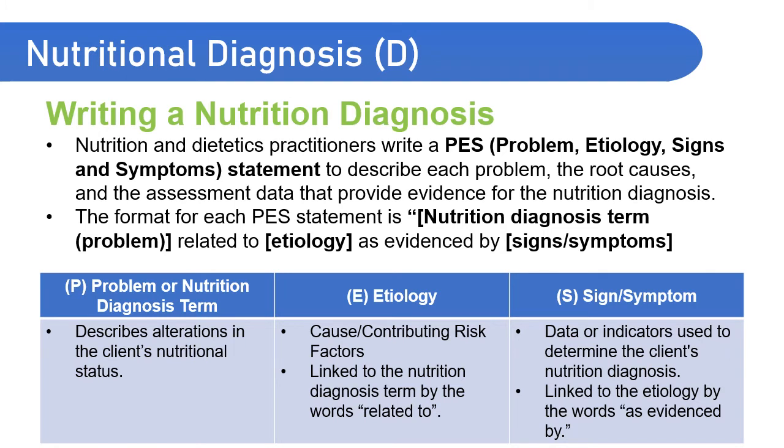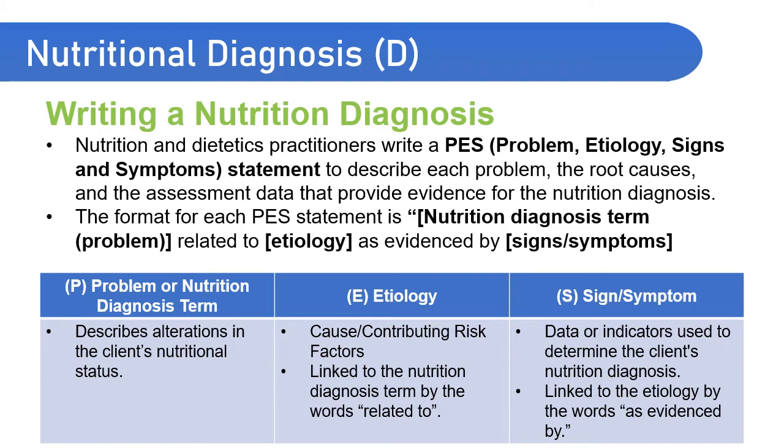For the problem or nutrition diagnosis term, we describe alterations that happen in the client's nutritional status. For etiology, we mention the cause or contributing risk factor and link it to the nutrition diagnosis term by the words related to. And sign and symptom refers to the data or indicators used to determine the client's nutrition diagnosis.